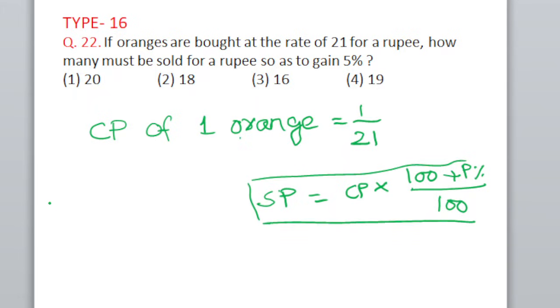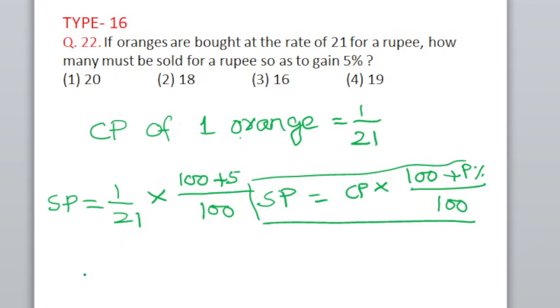So here SP of 1 orange will be SP is equal to CP, here CP is 1 by 21, into 100 plus 5, because here gain percent is given as 5%, divided by 100. So that is equal to 1 by 21 into 105 by 100.